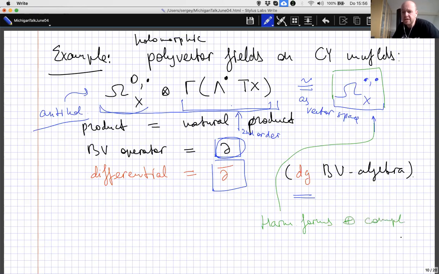On this complement, I can choose some operator that I will call H. On harmonic forms, my H would work as 0, such that H commutator with D bar is equal to 0, and H is somehow equal to my D inverse, right? So maybe it's better to say it like that.